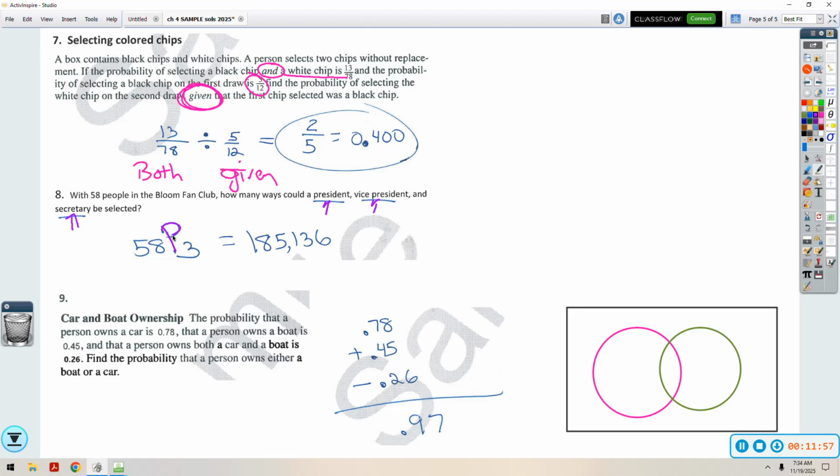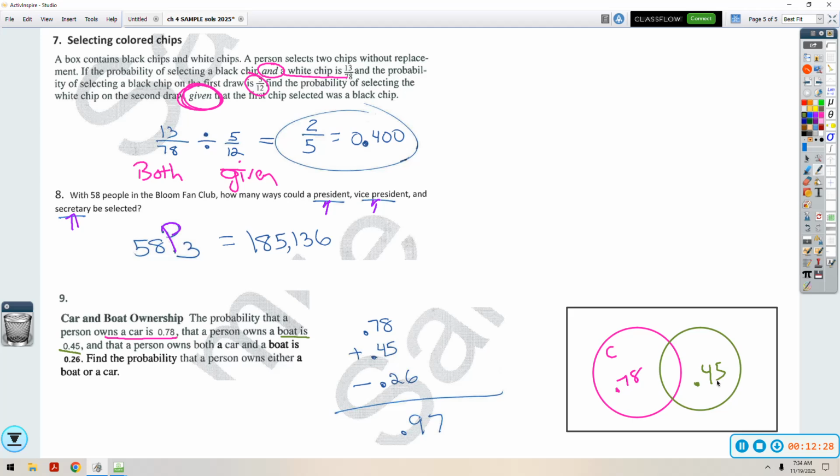Let's go. Number 9, car ownership. Owns a car, 0.78. 78% of people own a car. So if I come over here and I say car is 0.78, that's the entire pink. Then it says, well, what about these people in the boat? Well, the boat people, 45%, 0.45. That's the entire green.